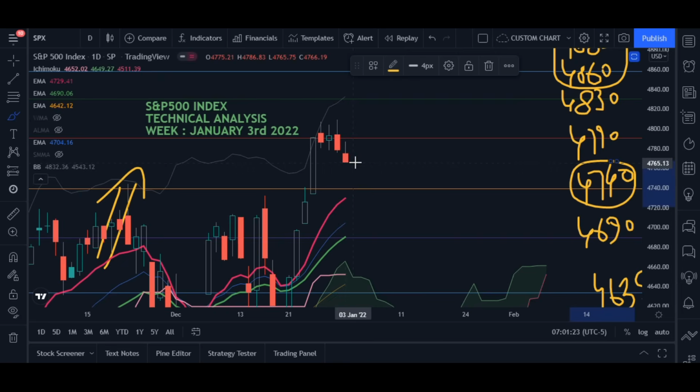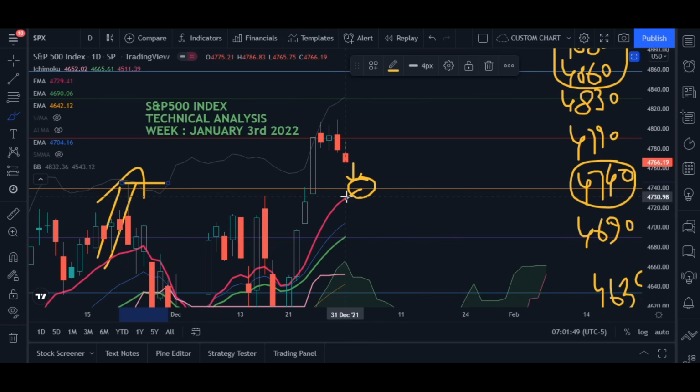So first the market is expected to come down, and this moving average will move up. Market will try to meet this moving average around 4740 or 4744. Here it was 4744. So somewhere around 4740 to 4750, market will meet this moving average.